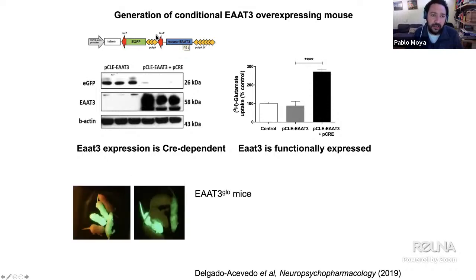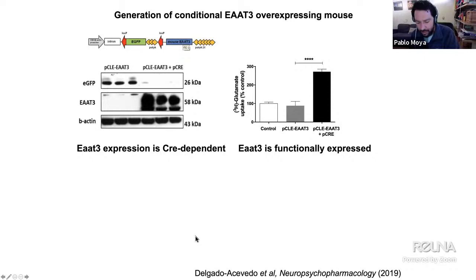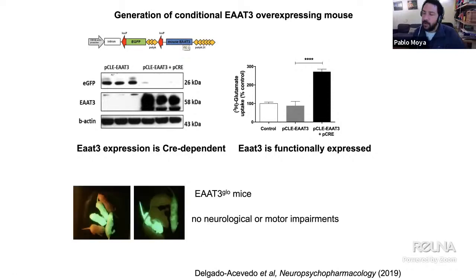We use GFP as the stop signal, so we can genotype the mice in a UV transilluminator when they are pups. And these mice underwent a classical neurological and motor assessment, and we recently published this work.